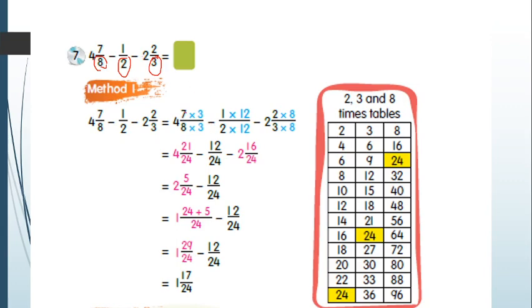So the first step here is to make the denominator the same. Sama penyebutnya.